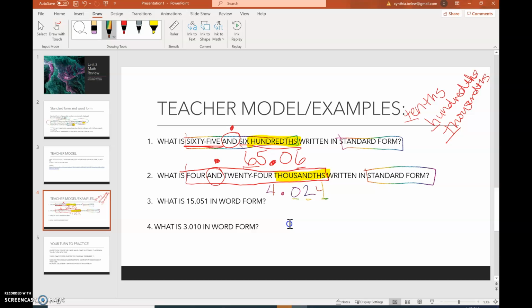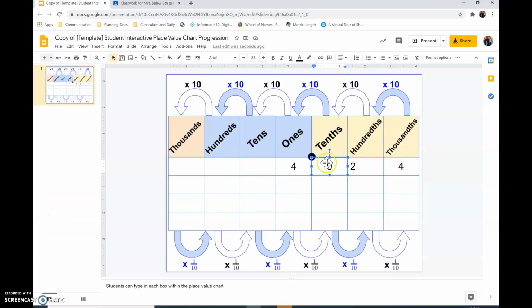What is 15.051 in word form? So I'm going to box in 15.051 in word form. Now I'm going to go back to my chart. I'm going to get rid of what I have here. And then I'm going to type the decimal that I was given into the boxes. So it was 15.